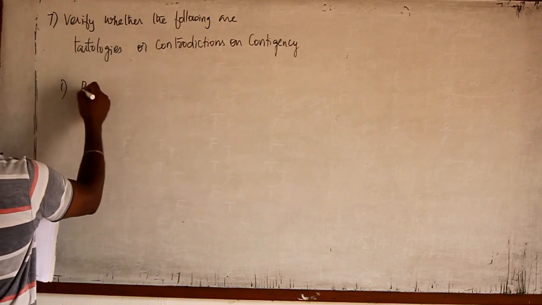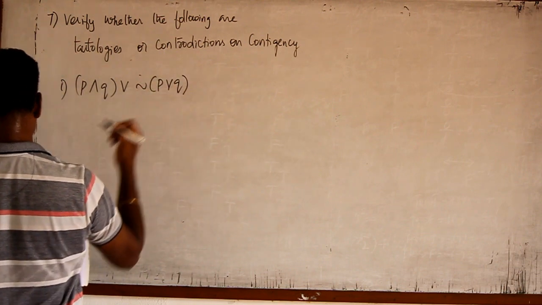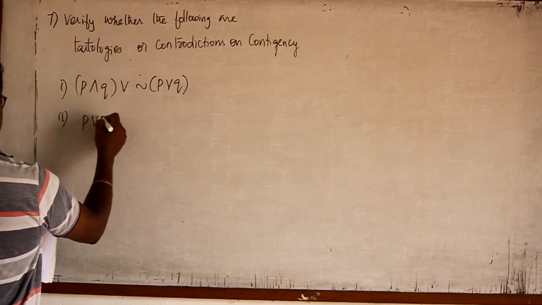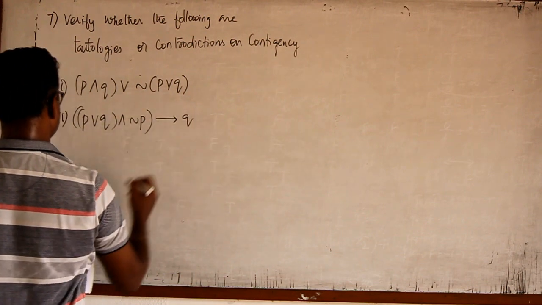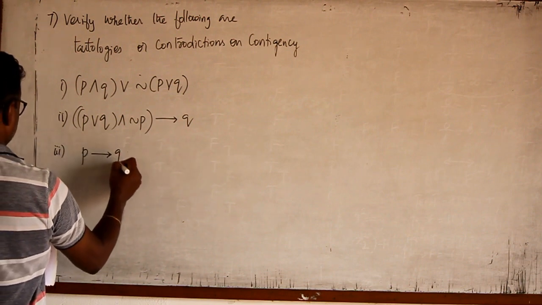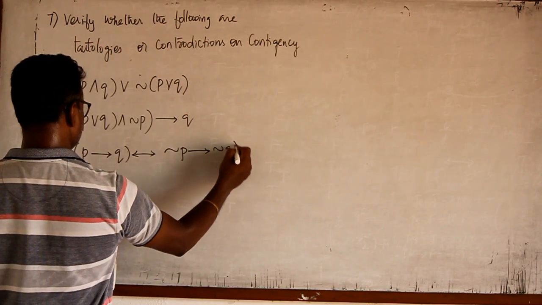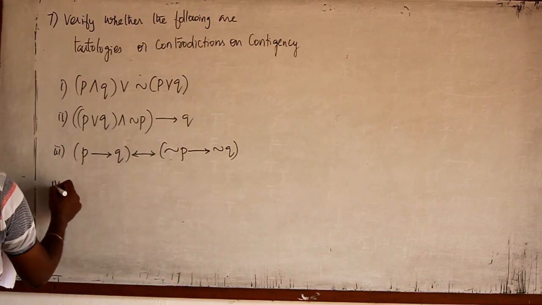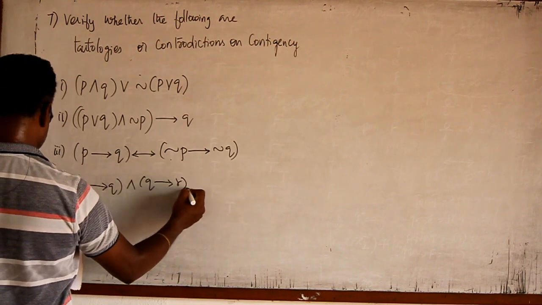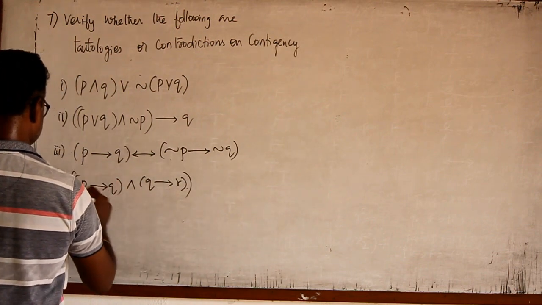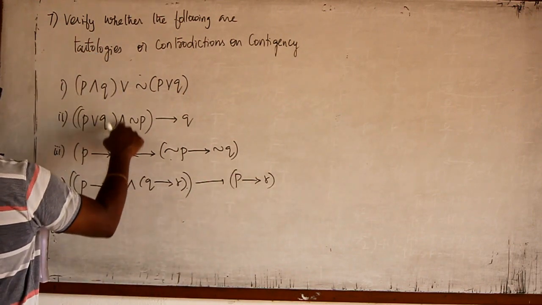That is, first problem, P and Q and negation of P or Q. Second problem, P or Q and negation of P, then Q. Third one, P then Q, if and only if negation of P then negation of Q. Then fourth one, P then Q and Q then R, after this, then P then R. Only here 3 sets, all the remaining are 2 sets.